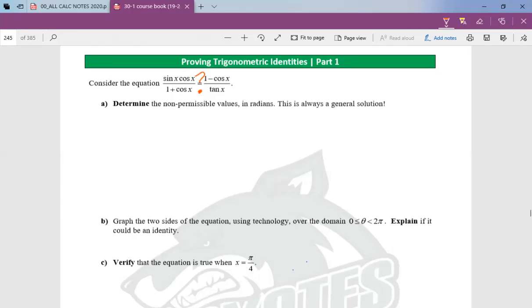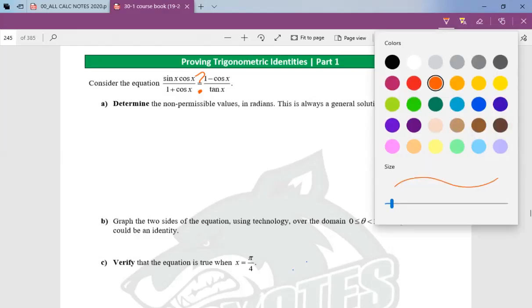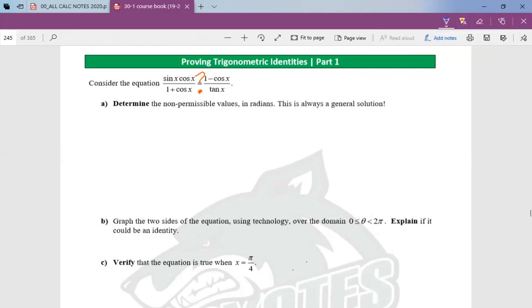Also potentially anything that is tangent, cotangent, secant, or cosecant, anything that is defined to be a reciprocal or has a rational component to it, that's also going to give us non-permissible values. So let's start off with the fact that 1 plus cos x may not equal 0. If that's the case, then cos x cannot equal -1.